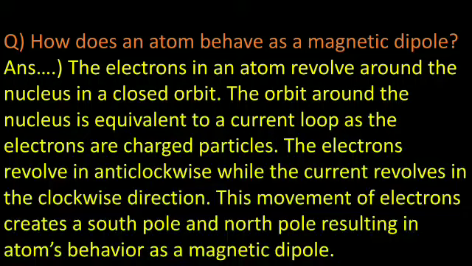The electrons revolve in anticlockwise direction while the current flows in the clockwise direction. This movement of the electrons creates a south pole and north pole, resulting in the atom behaving as a magnetic dipole. So hope you understand how an atom behaves as a magnetic dipole. So this is the simple explanation for the same.